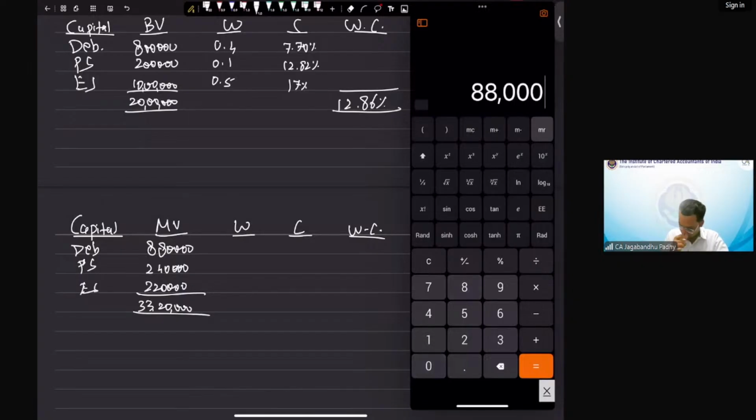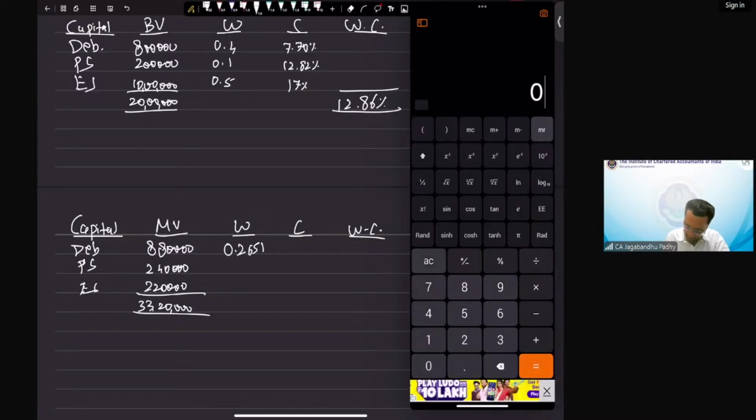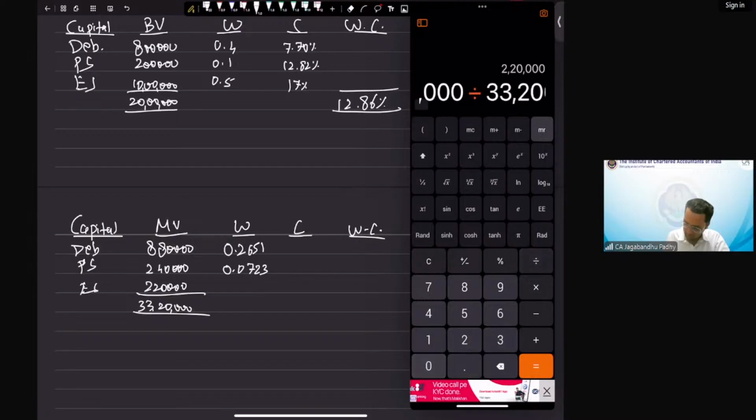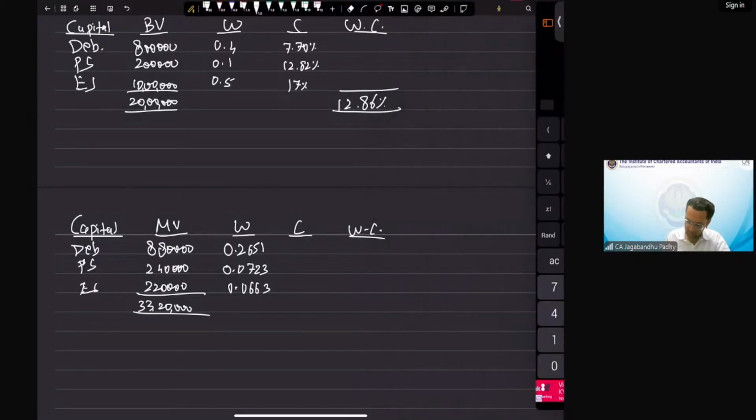You can get the weights on these lines. 8 lakh 80,000 divided by 33 lakh 20,000, which is 0.2651. 2 lakh 40,000 divided by 33 lakh 20,000, which is 0.0723. 22 lakh divided by 33 lakh 20,000, which will be 0.6626.